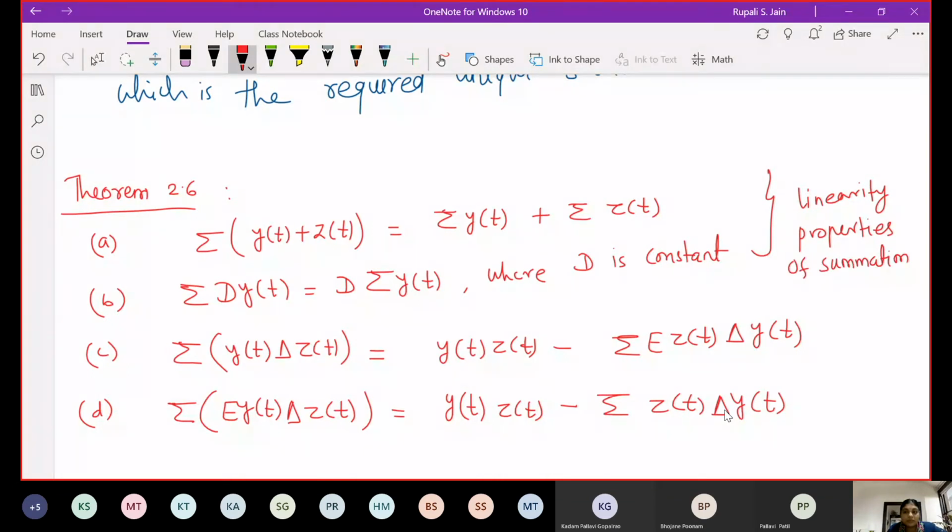And this is like the integration by parts formula, but now it is summation by parts. It is just like integration by parts.